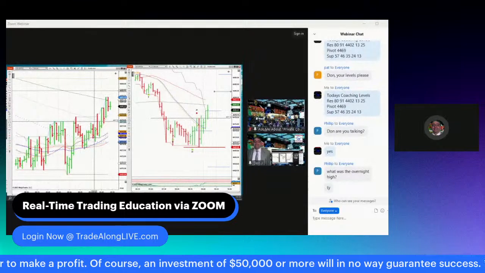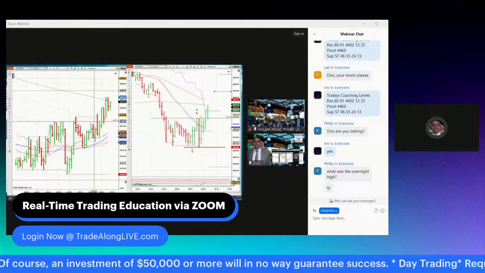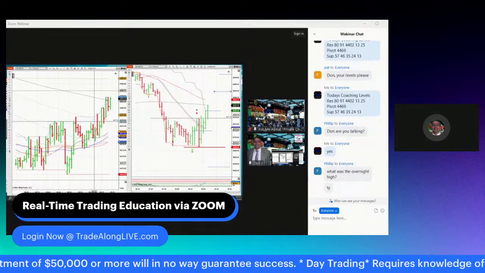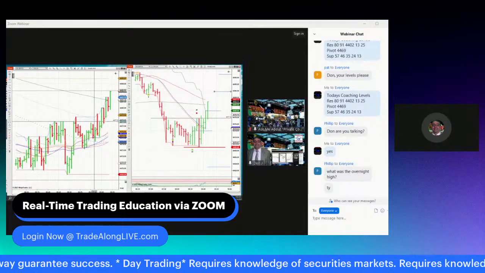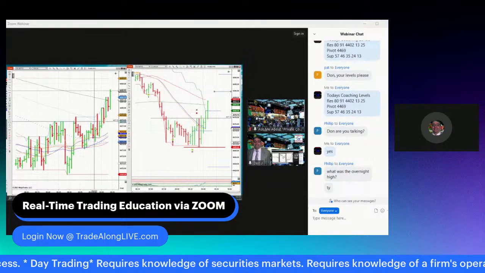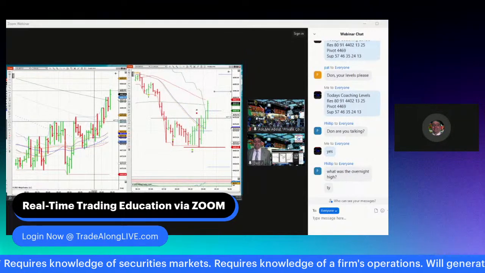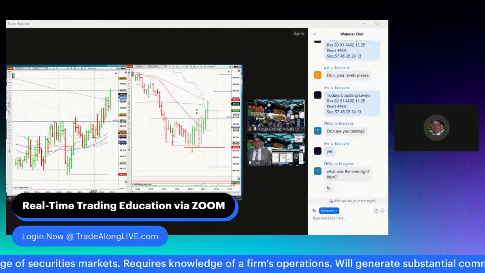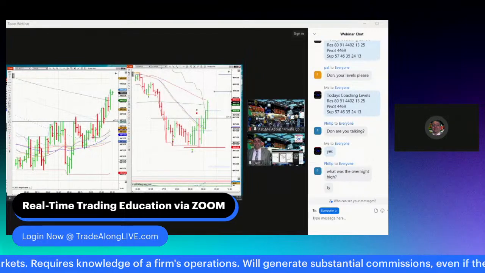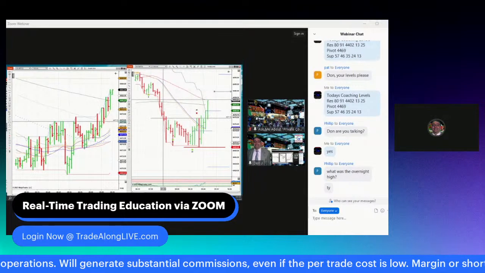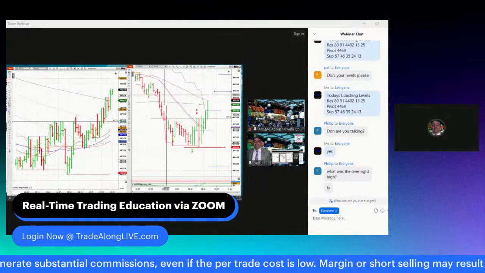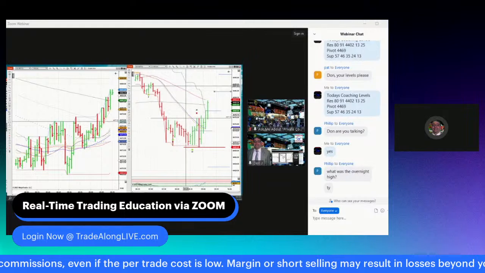There's our areas that we have. I call them major areas that I gave you this morning. Those are the major areas. We have a little here at about 83.